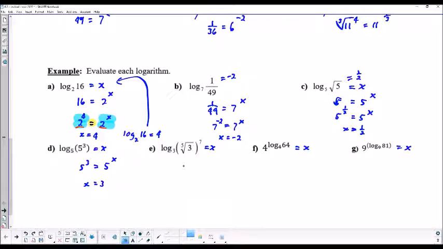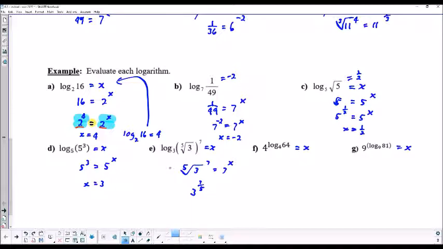We've got the 5th root of 3 all to the power 7. And that equals 3 to the power x. We know x is the exponent because it equals logarithm. We've got a common base. We can rewrite this as 3 to the power 7 over 5.